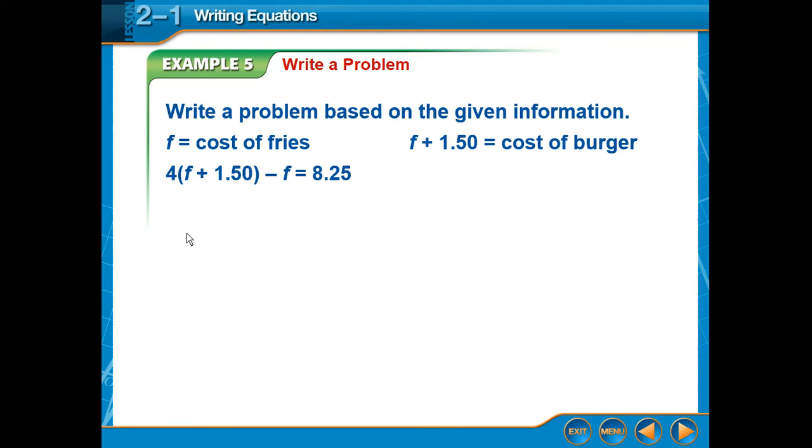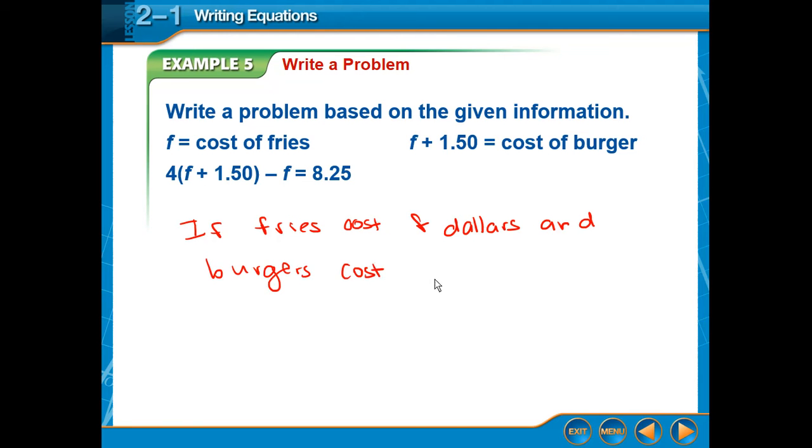So we can just say if fries cost f dollars and burgers cost $1.50 more than fries.